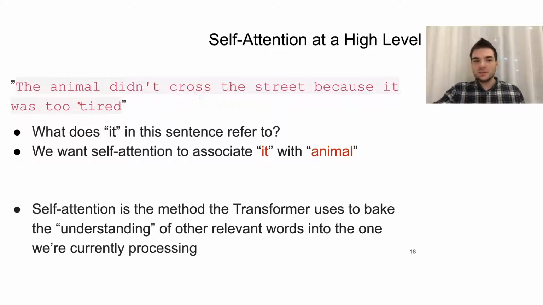Animal, didn't, and didn't, animal are connected with different questions. For example, animal did what? Didn't cross the street. Who didn't cross the street? The animal. So the attention should be directed. Otherwise, it will have the same connectivity between animal and didn't as between didn't and animal. It's kind of bad. So let's say we're just trying to answer different questions using our self-attention.